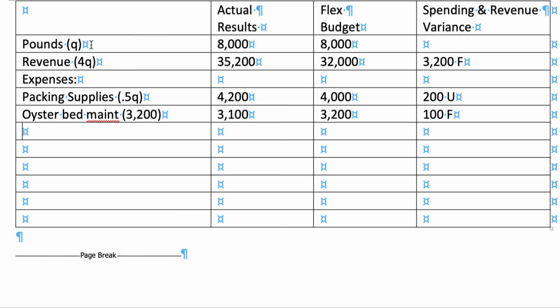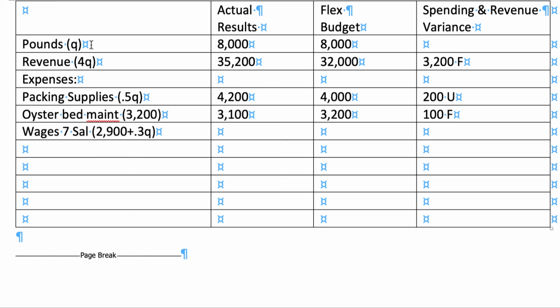Okay, let's look at the next one. Wages and salaries. We're doing the same exact thing, right? Meaning, taking our cost equation. What's our cost equation? 2,900 plus 30 cents per pound, or 0.3Q.